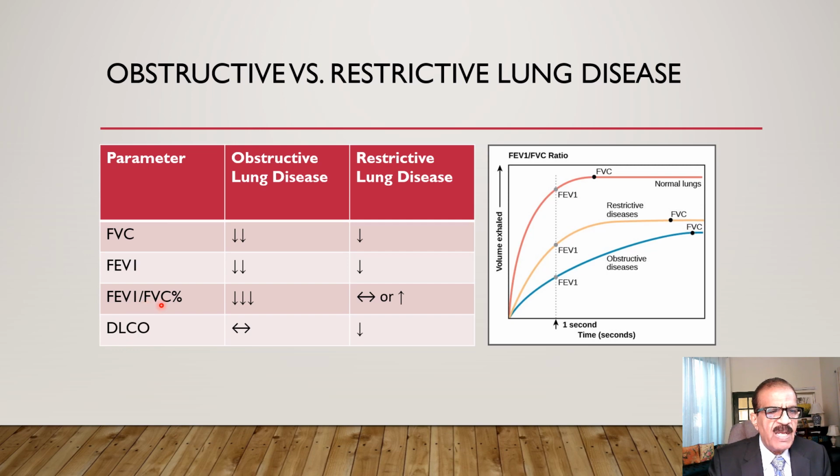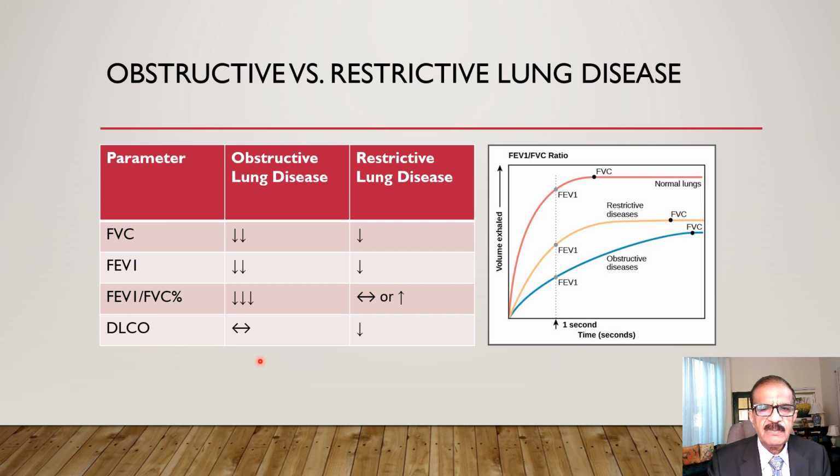FEV1 divided by FVC in percentage is much more affected in obstructive airway diseases and may be normal or increased in restrictive lung diseases. And DLCO will be discussed in my next video, because I'm going to take another video to explain it.